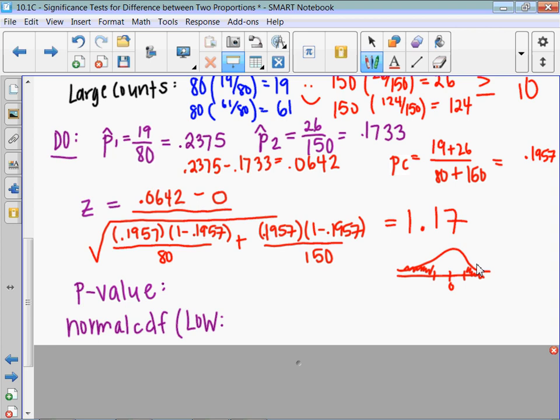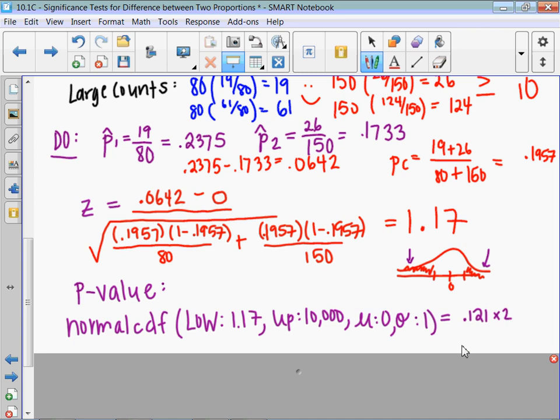So our lower bound, I'm just going to do the right tail. So from positive 1.17 up to 10,000 or 1,000. And our mean is 0 because we standardized it, and our sigma is 1. And we get 0.121. Remember, that's the area right here. So I need to double it to get my p-value because it is two-tailed. 0.242. So the area under the curve here is about 24%.